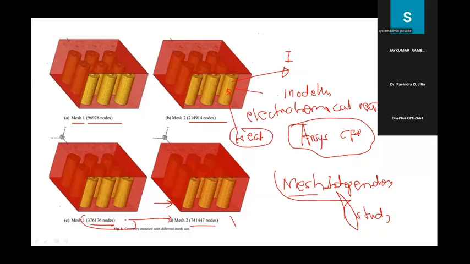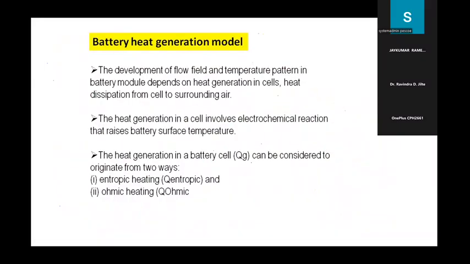But if it is a modeling and simulation study, then we need to adopt the battery heat generation model.